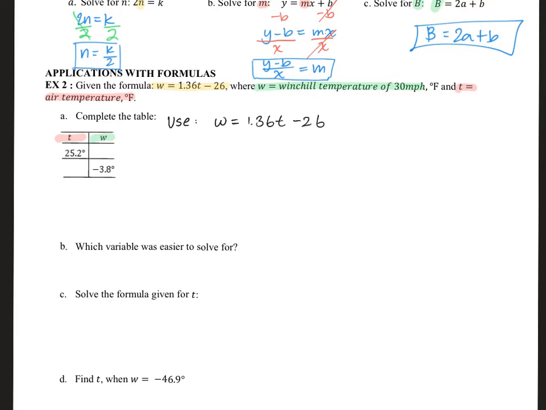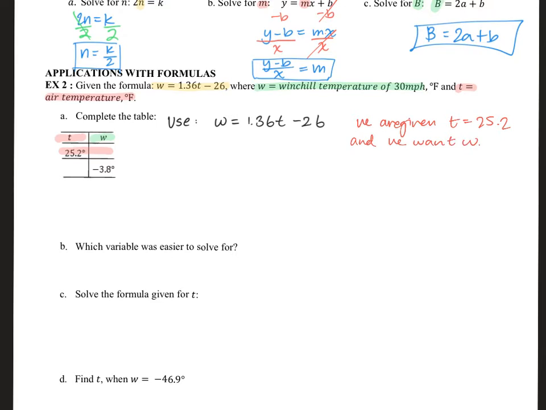For the first part of the table, we are given this T value right here, and we want to find the matching W value. How do we do that? Let me write out what we're trying to do first. We are given T, and we want W. But we know how to do that with equations.